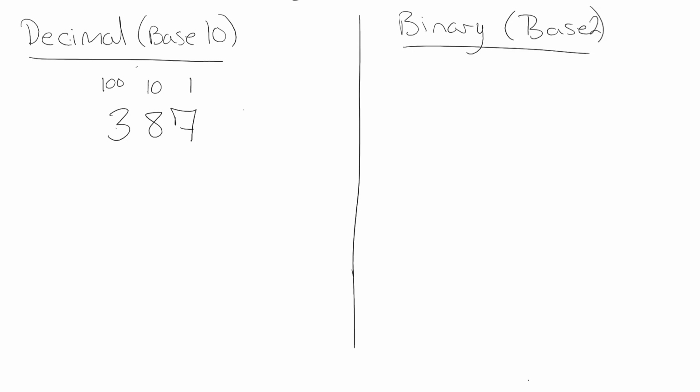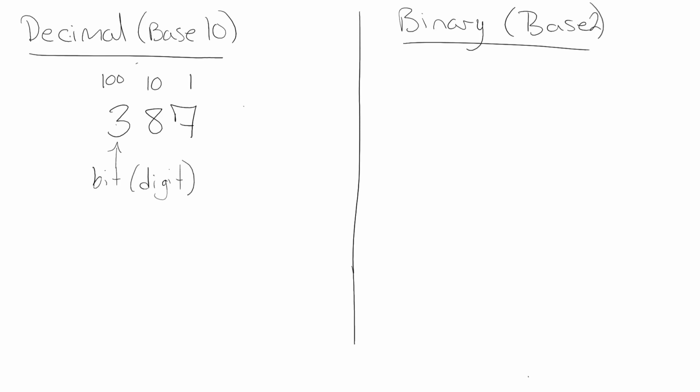Some other things we want to note about base 10 are the possible values for a single bit or a single digit. If we look at 3 as a single digit, we know the possible values we could put in that place could be anything from a 0. We could have the number 0387. We probably wouldn't write it like that, but we could.